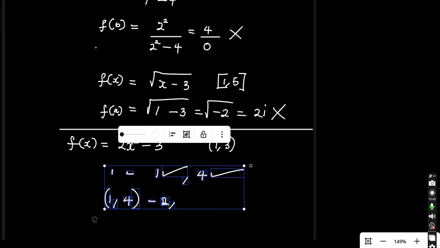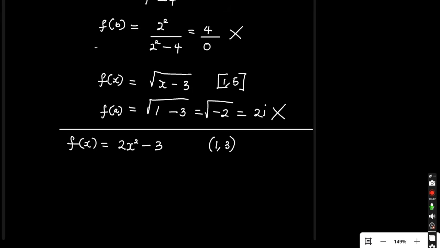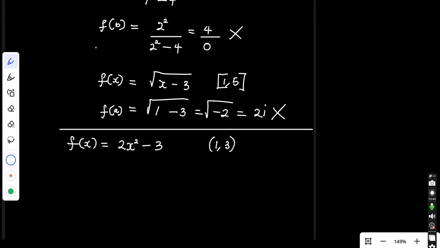Alright, so proceeding, let's discuss differentiability. That's what we wanted to do. If I'm to test if this function is differentiable, I'm to find the first derivative of this function. So f prime of x will be equal to the general rule of differentiation: you drop down the power, multiply by the whole expression, and subtract 1. So this is going to be 4x.